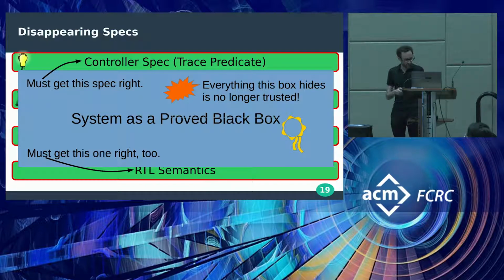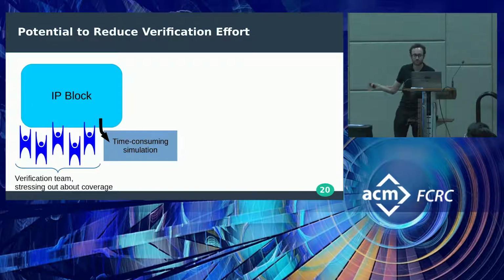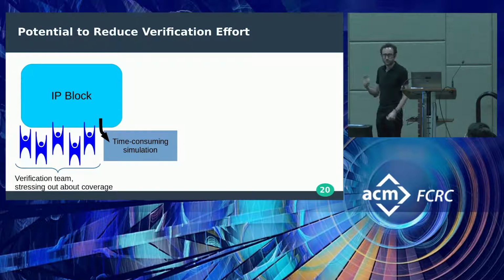So this kind of approach really changes the story for how we can have rapid iteration through experimenting with new kinds of hardware and software architectures. We can go from the traditional setting in hardware development where you have some IP block, and every time you evolve the definition of that block, you have your pretty big verification team that's worried about generating enough test cases to catch any mistakes that might have been in that IP block.